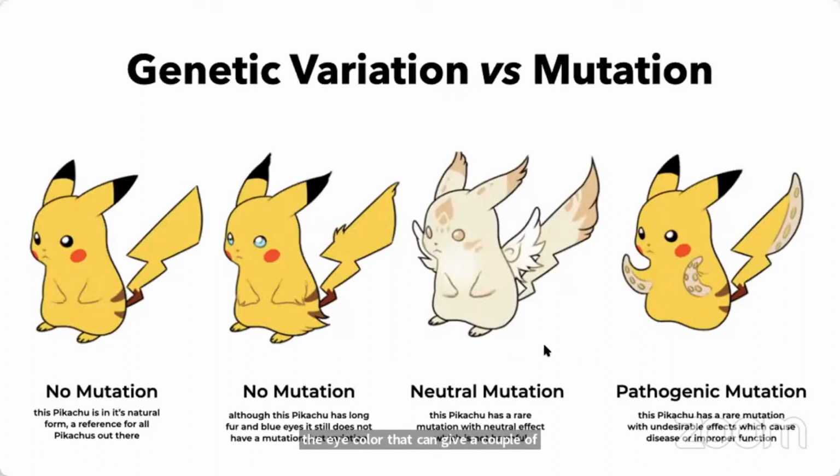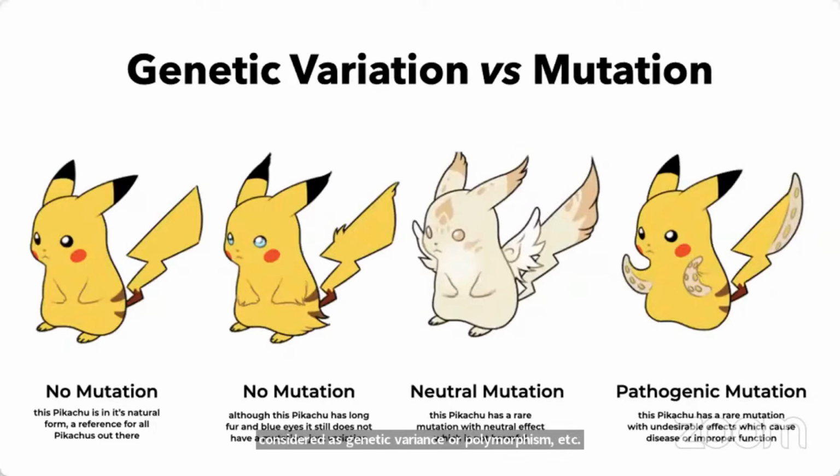But if these variations are not going to change the functionality or affect the survivability of that specific form or organism, they are not termed as mutation. They are generally considered as genetic variants or polymorphism, etc.